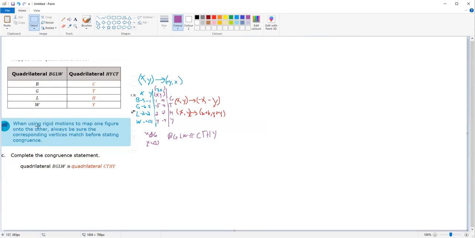So remember, when you're using rigid motions to map one figure onto the other, always be sure that the corresponding vertices match, or the points. Points and vertices are the same thing here. Okay, so that is pretty much it.